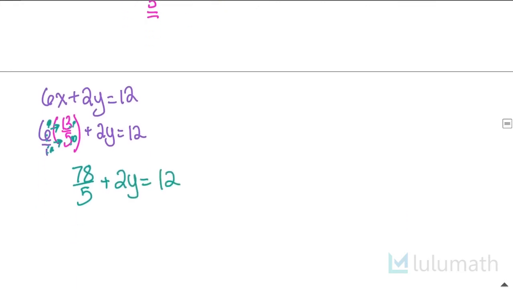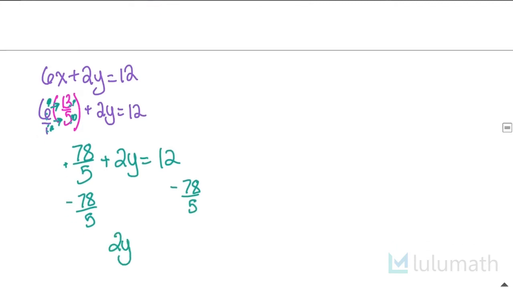Well, I'm going to solve for y the same way I normally would. I want to get rid of this 78 over 5. Since it's a positive 78 over 5, I'm going to subtract 78 over 5. Whatever I do to one side, I have to do to the other side. So I end up getting 2y equals 12 over 1, this has an invisible 1, minus 78 over 5.